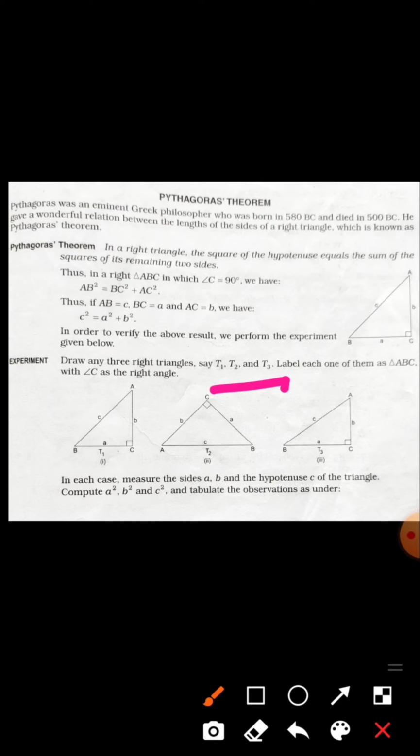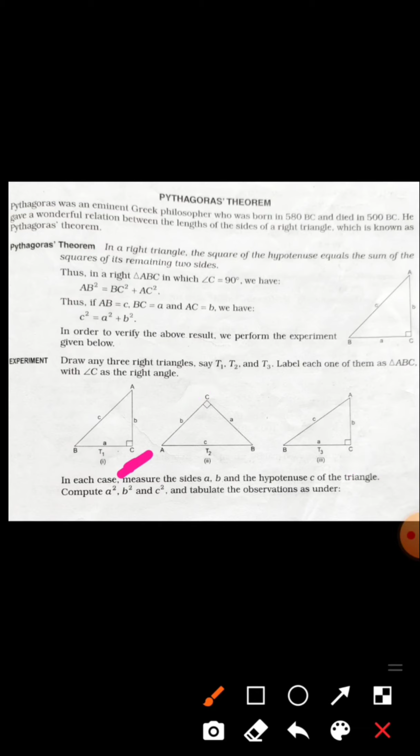The name of all the triangles is ABC, and their sides are small a, b, c. In all three, these are right angled at angle C. We can see at C the angle is 90 degrees.